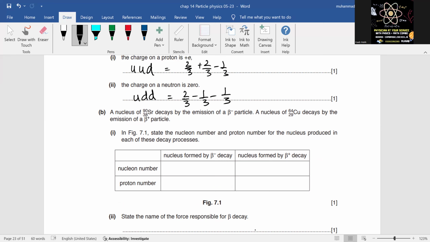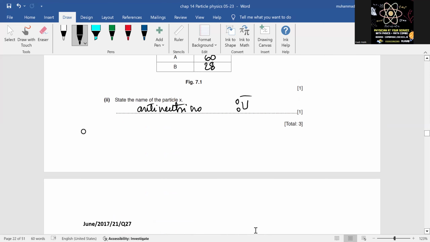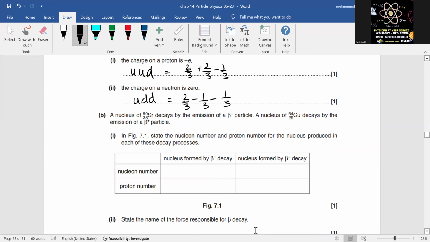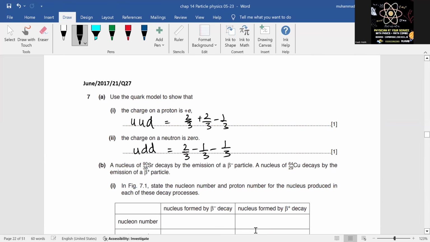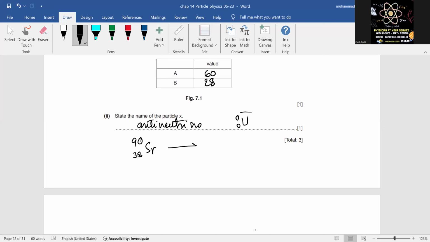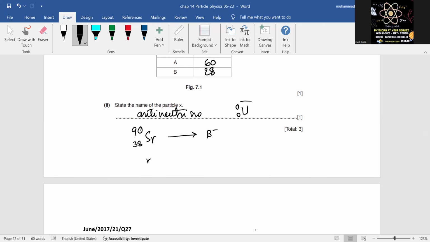But what confuses me is, if the proton number increases, then why won't the nucleon number increase? Okay, look. Let's say you have strontium-90 with 38 protons in it, and it is undergoing beta negative decay. The concept of beta negative decay is that one neutron decays into a proton and an electron.